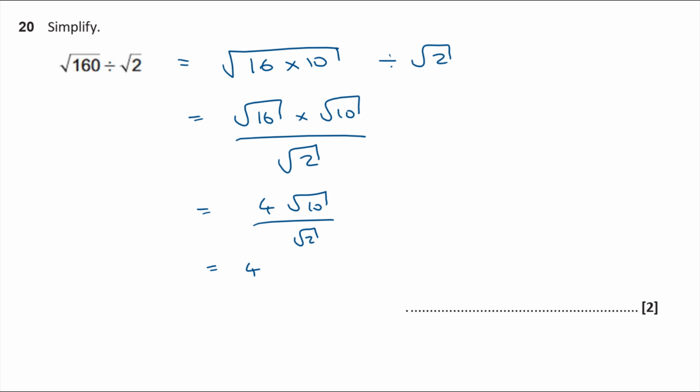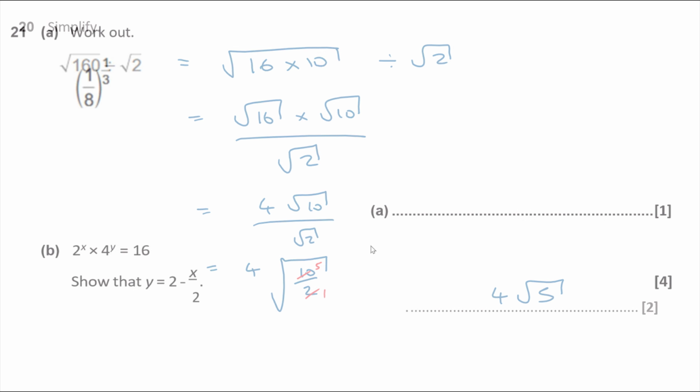I can say that's the same thing as 4 lots of the root of 10 over 2, because I can put them under 1 square root, and 2 divides into 10, leaving me with 5 and 1. So that's the same thing as 4 root 5 then, in its simplest form.